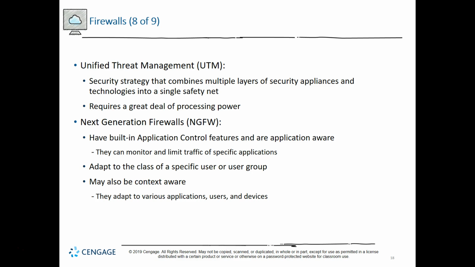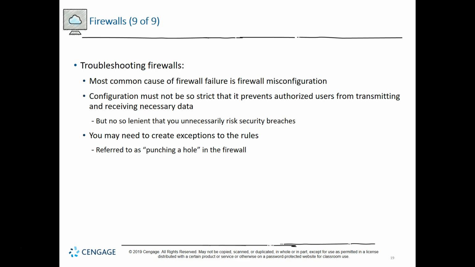And again, it's even more horsepower to run something like this. They can adapt to, or we can force them to adapt to, different applications, users, devices. This is kind of that next level we're going to, where they're starting to see exactly what we're doing, but we have to have that person in there being able to configure them. And that's where we run into the biggest issue.